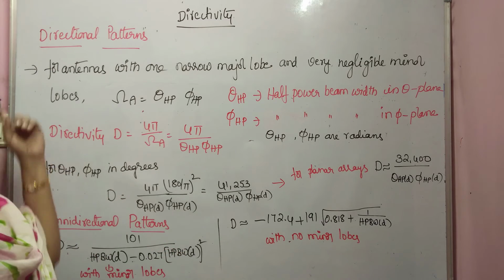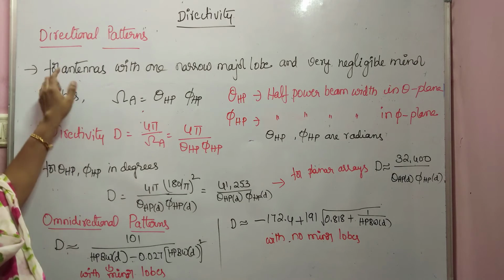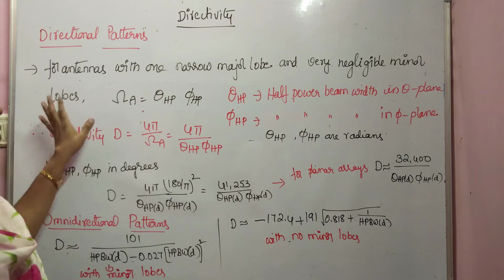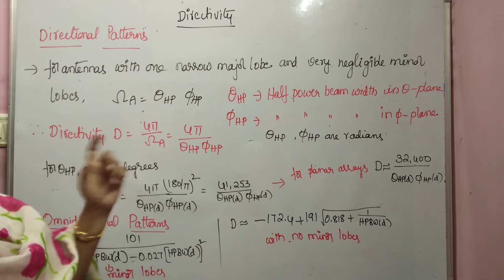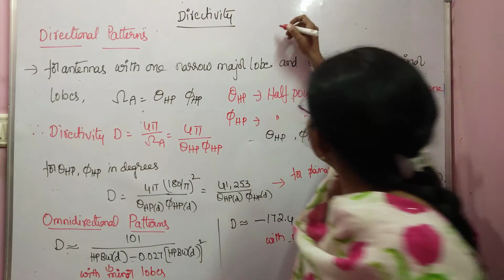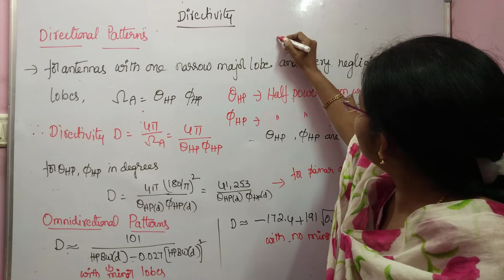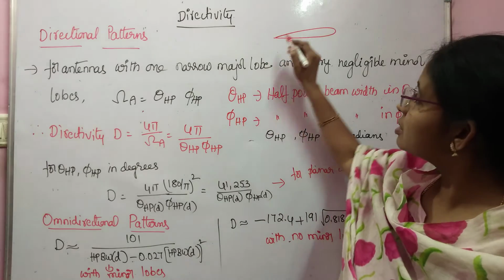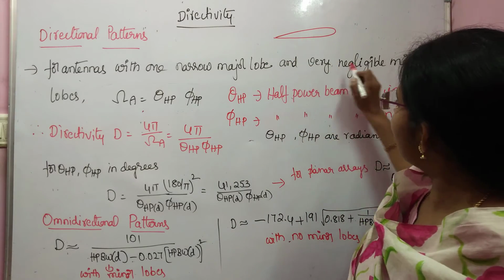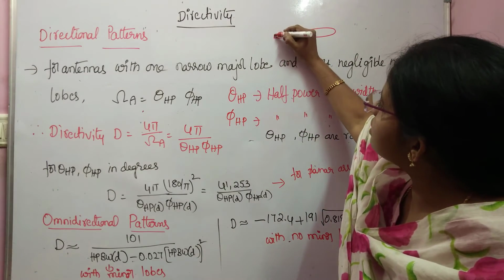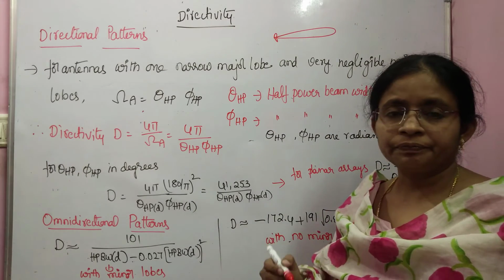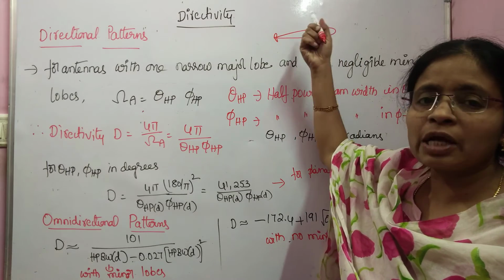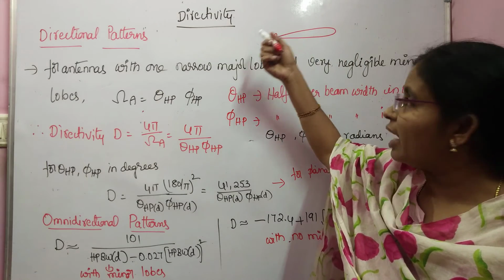Okay, so for that type of directional patterns, see here, for antennas with one narrow major lobe and very negligible minor lobes. అంటే మేజర్ లోబ్ ఒక్కటే ఉంది అంటే, సపోజ్ నా ఇఫ్ యూ టేక్ దిస్ pattern like this is one narrow major lobe and very negligible minor lobes. చాలా చిన్ని minor lobes ఉంటాయి.